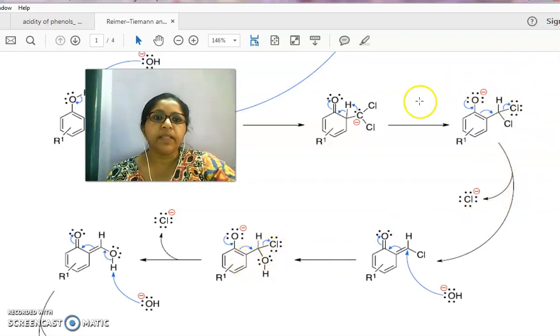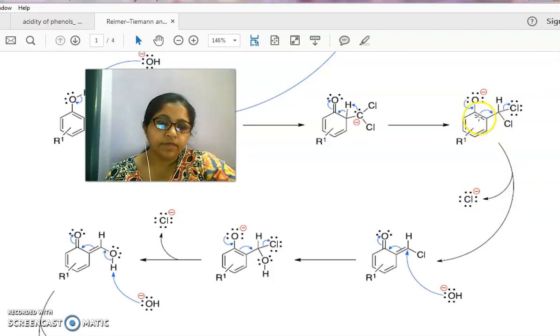Just see here, the H has been abstracted, and the oxygen is having a negative charge. This negative charge comes back to this position to form a pi bond. This pi bond again breaks, and this Cl again leaves as Cl minus. So what we are getting here is a double bond.